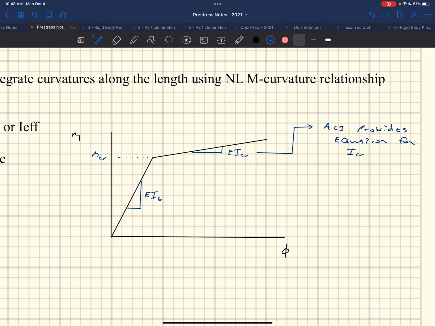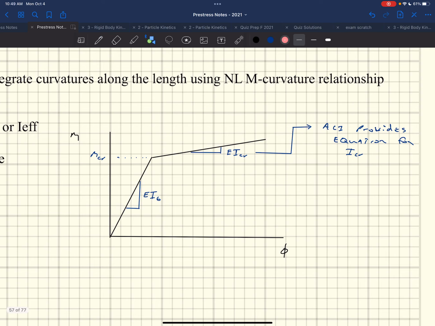Okay. And we kind of mentioned this last time. The Ig, or the I effective, what they do is they kind of cut the corner. It's just a single method. The other method is they just assume that it cuts that corner. And this would be EI effective.